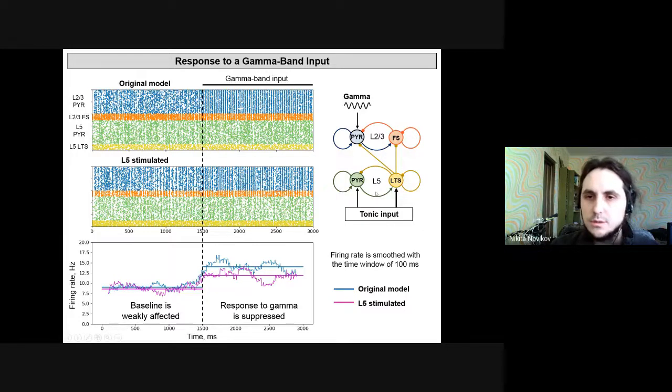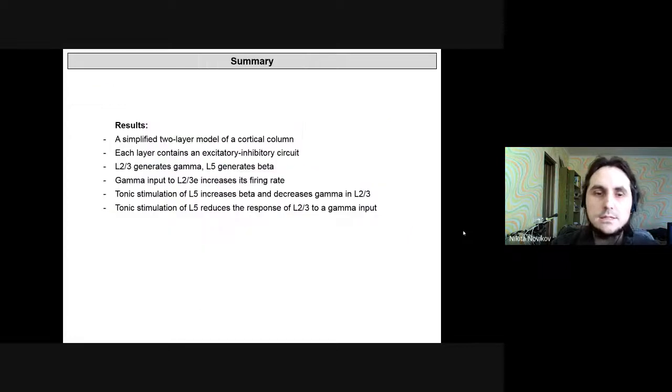But I want to stimulate this deep layer by beta modulated input. For example, we have such inputs from subcortical regions like subthalamic nucleus. And in this case, beta rhythm will have functional role.